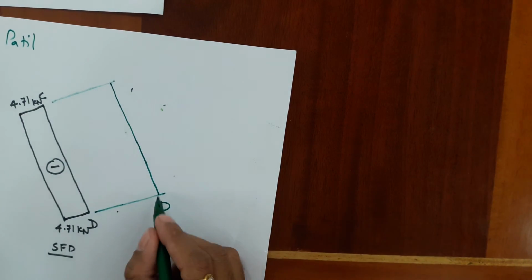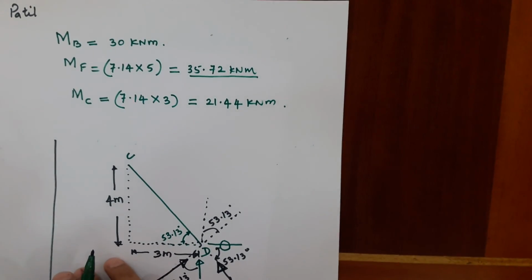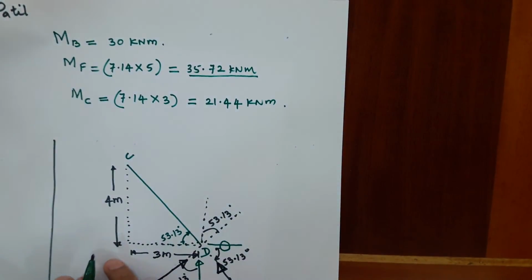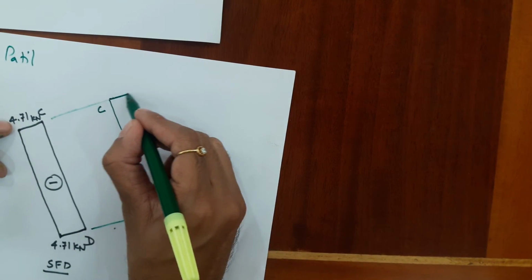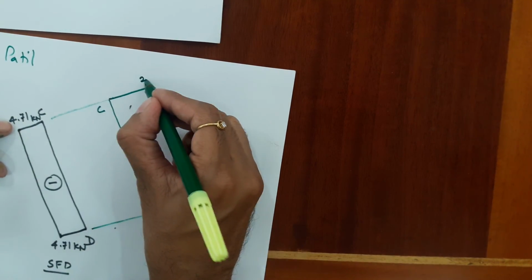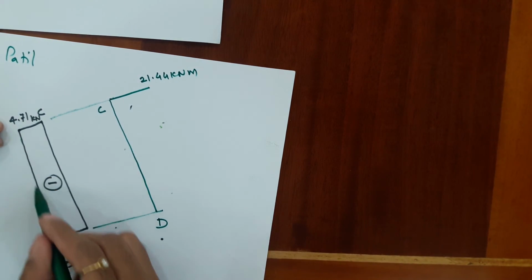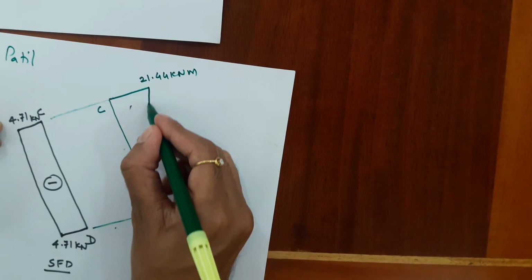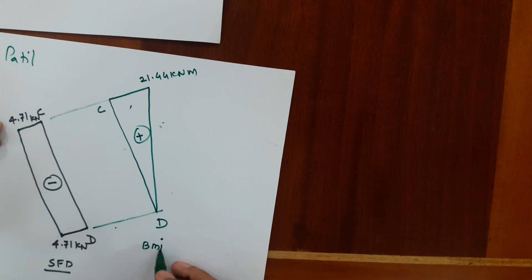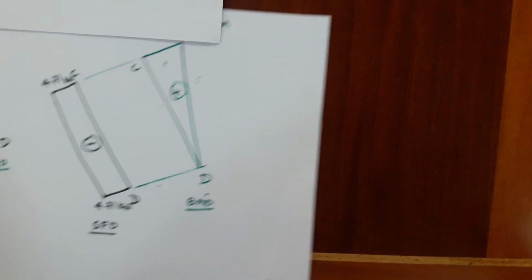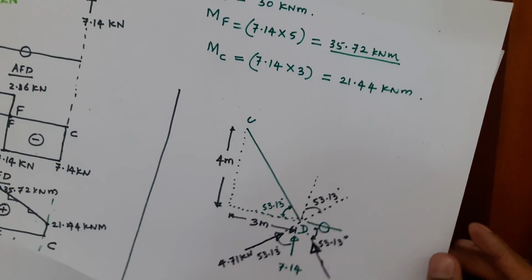That is, bending moment at D is 0 and bending moment at C was 21.44 kilonewton meter positive. So C positive means I will show it outside the frame, 21.44 kilonewton meter, and since shear force is constant, bending moment will be an inclined straight line. So that is BMD. That completes the problem for this statically determinate rigid jointed plane frame. Thank you.